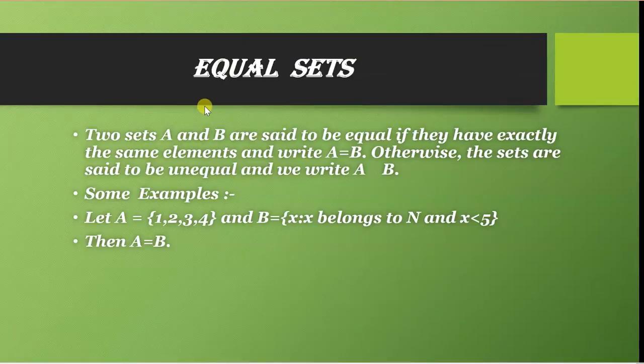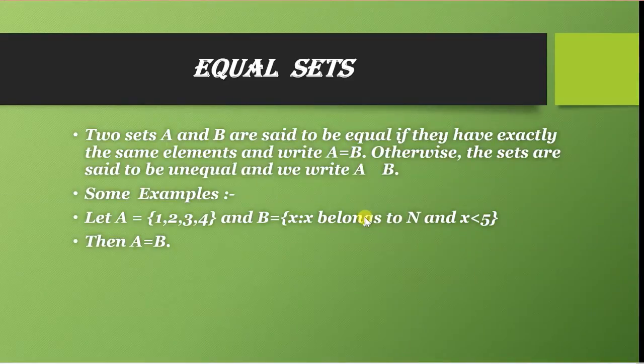Next is equal sets. Two sets A and B are said to be equal if they have exactly the same elements, and in that case we write A equal to B. For example, we have a set A is 1, 2, 3, 4, and another set B is {x such that x belongs to N and x is less than 5}.